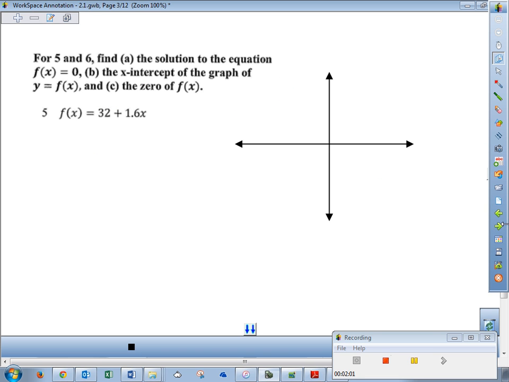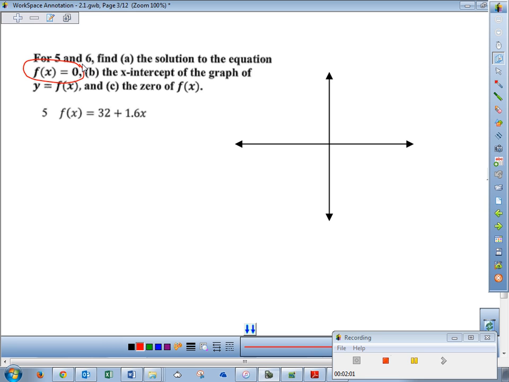Next one. Find the solutions to an equation of f of x equals 0. Find the x-intercept of the graph, and then find the 0 of the graph. All three things are the same. The solutions to an equation is when y equals 0. Would you agree that that's basically what that says, when y equals 0? F of x is really y, when y equals 0.